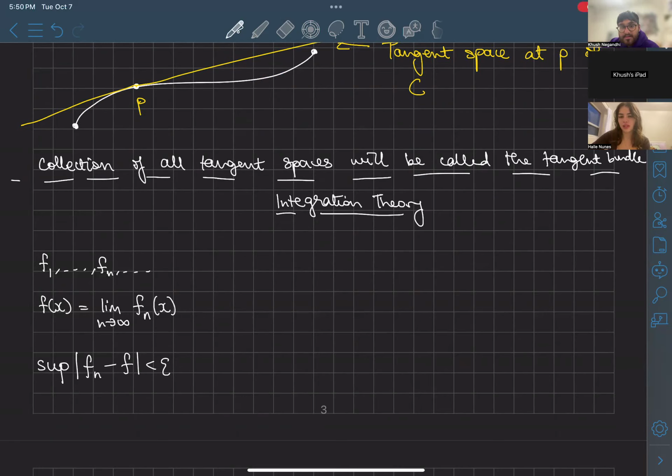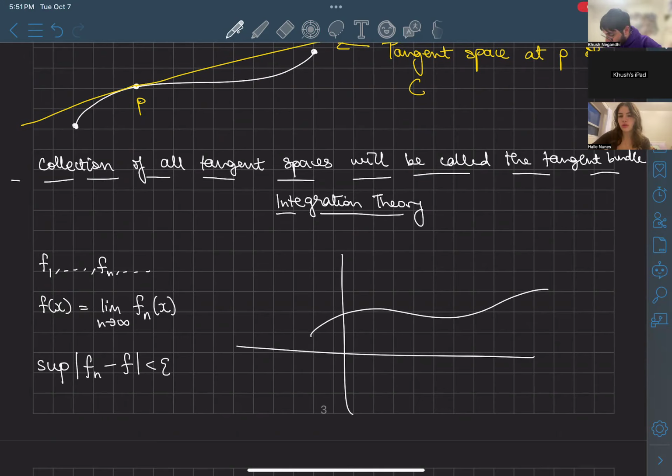Are these implicitly being evaluated at the same point? No, this is not evaluated at the same point. The way you want to think about uniform limits is, say this is my limiting function. I draw a tube around this function, and this tube deviates from the actual function by epsilon.